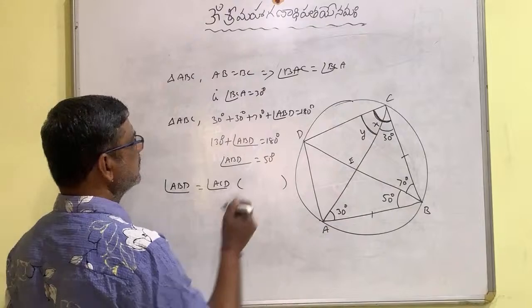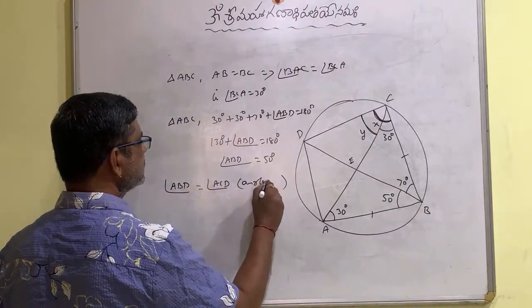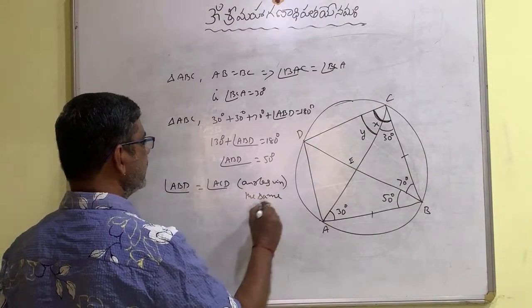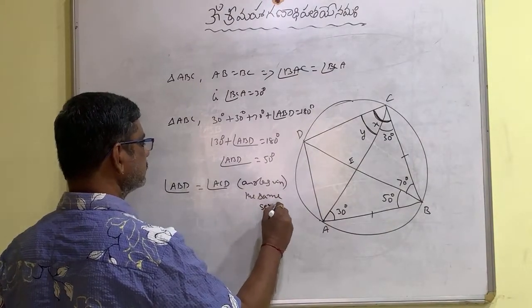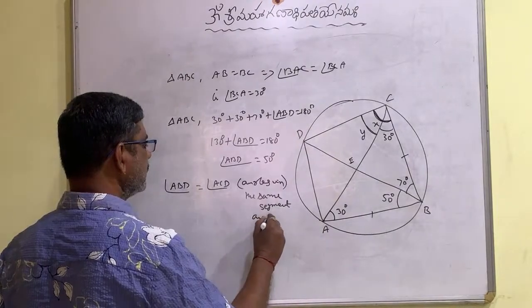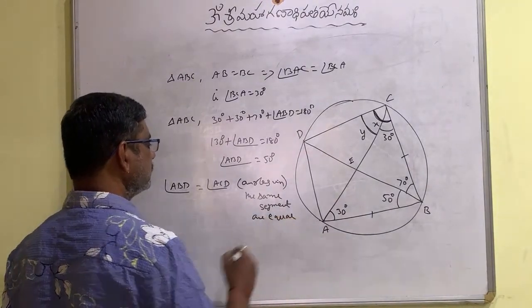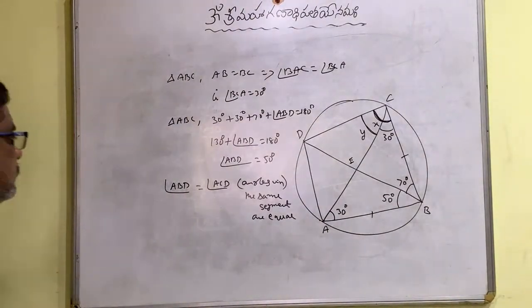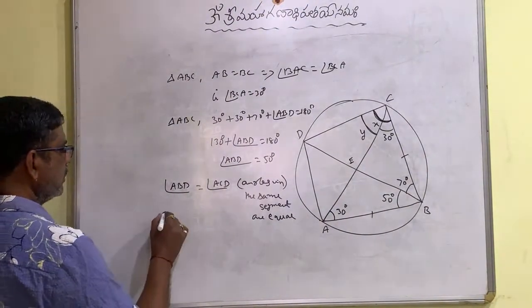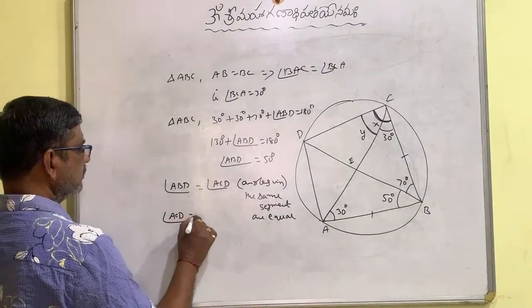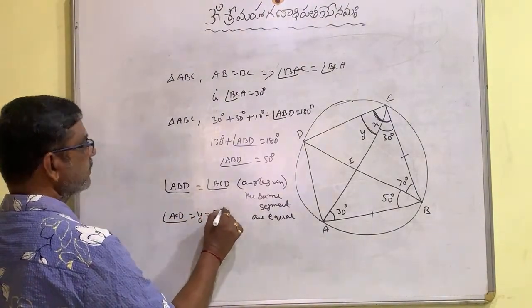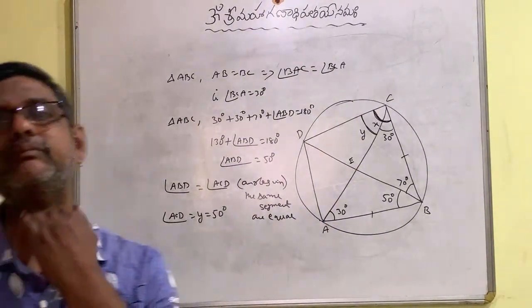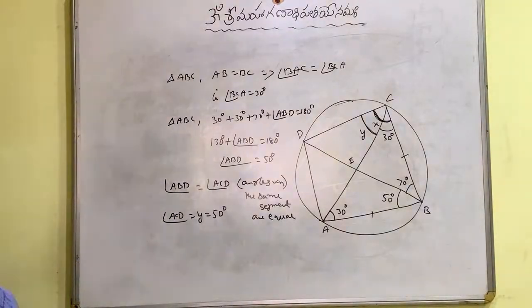The reason is angles in the same segment are equal. So, angle ACD, that is Y, is 50 degrees. Okay?